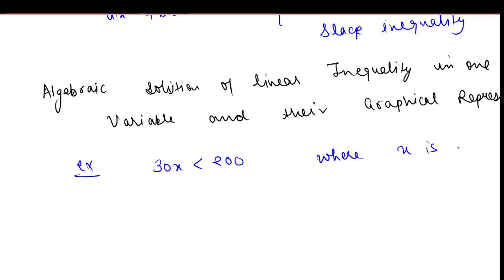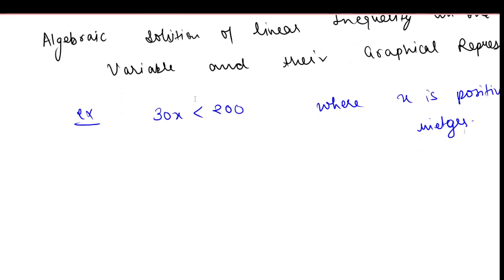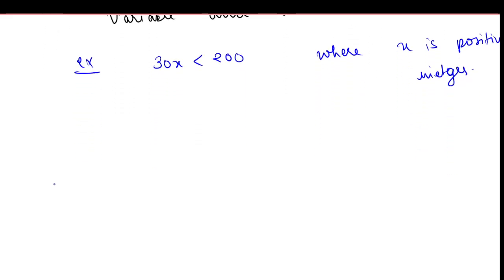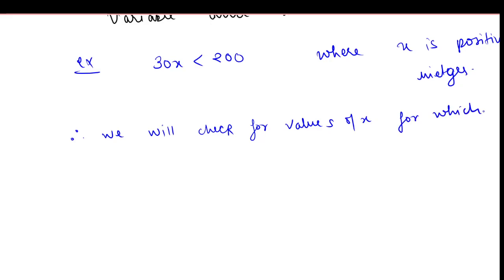Therefore, we will check for values of x for which 30x is less than 200. So this is a strict inequality.